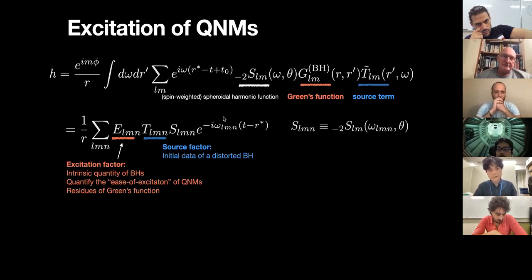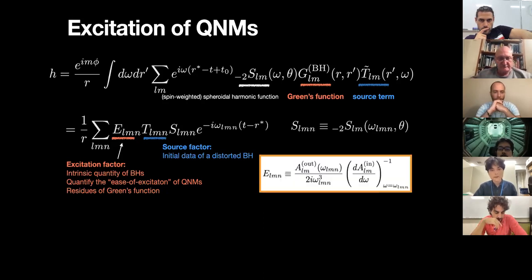Again, all of the information of the initial condition is encoded in the source factors. On the other hand, the excitation factors are completely determined by the structure of the black hole's Green's function. Any information about the initial condition is absent in the excitation factors. This is determined only by the mass and spin.